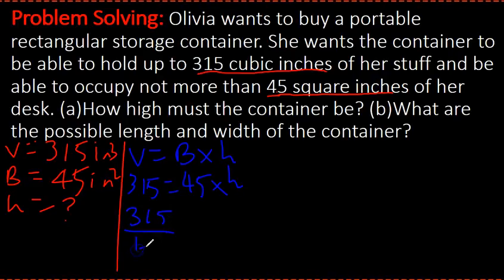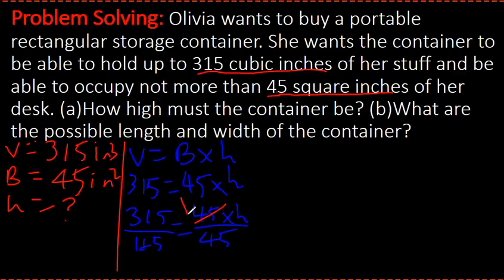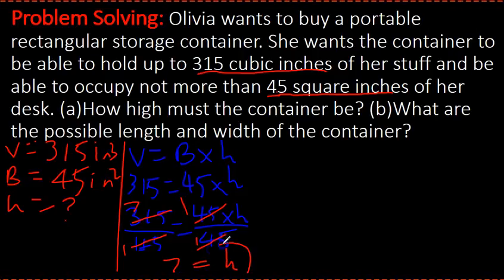So we divide both sides by 45. 45 can go into 315 seven times. So our H is 7. Done.